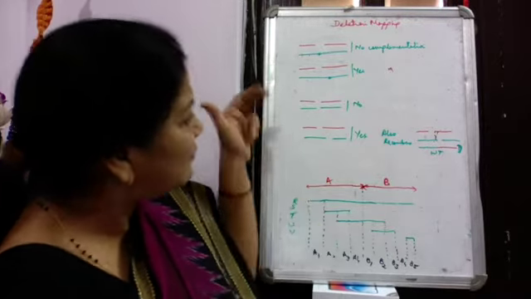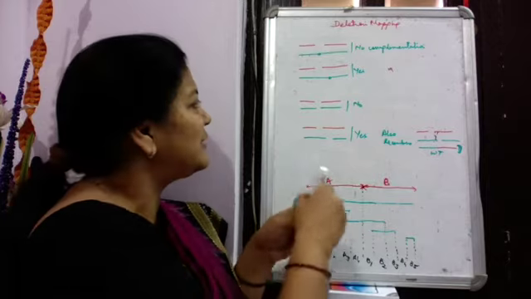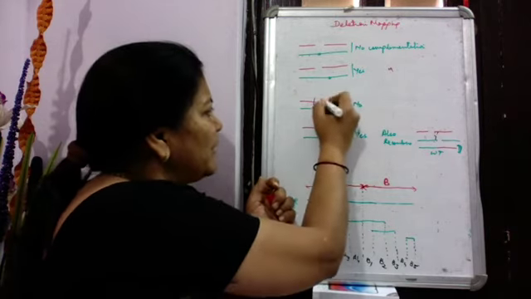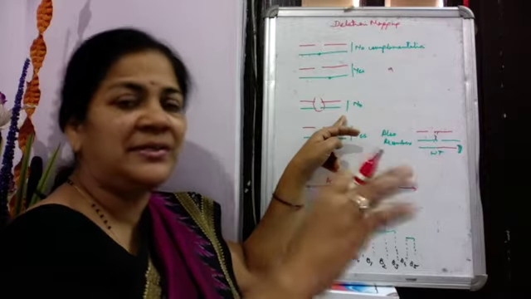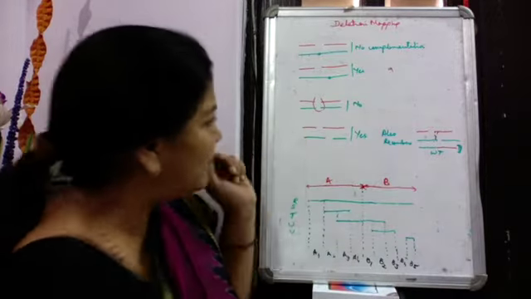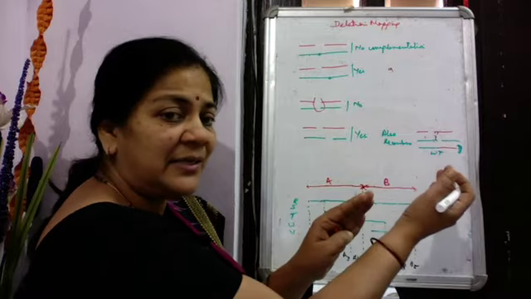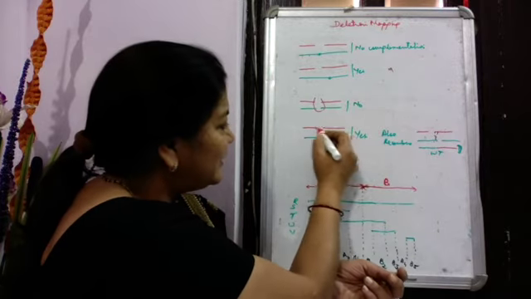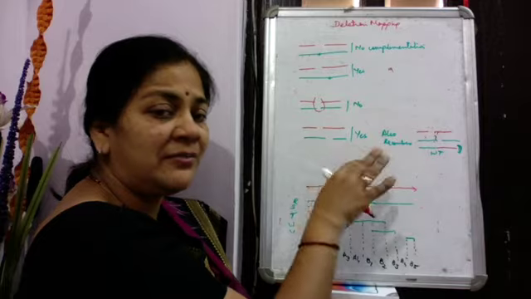Suppose there are two deletion mutants, and these overlap over here. Then you will not see any complementation because both the regions are actually lost. However, if you have one deletion here and the other deletion beside it, that means there are regions which are not common to either of the deletions.